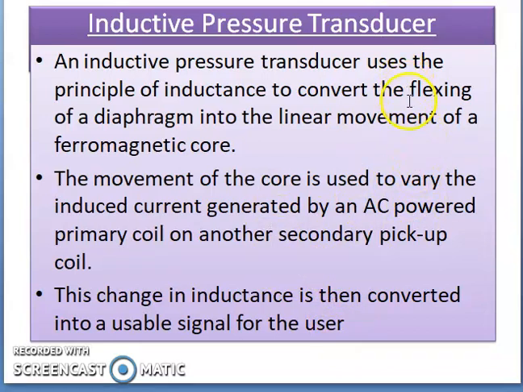That is, we are converting the flexing of a diaphragm into linear movement of the paramagnetic core in the case of inductive pressure transducer. And these are the main types of pressure transducer based on the diaphragm.